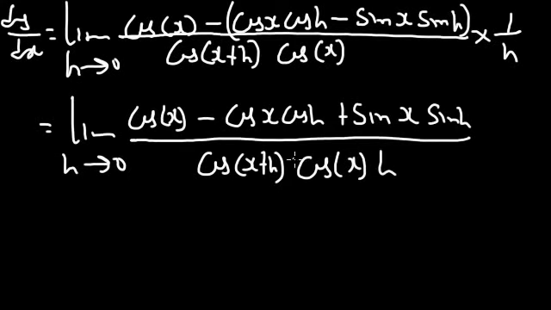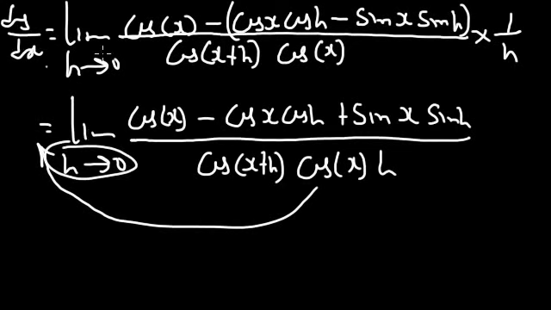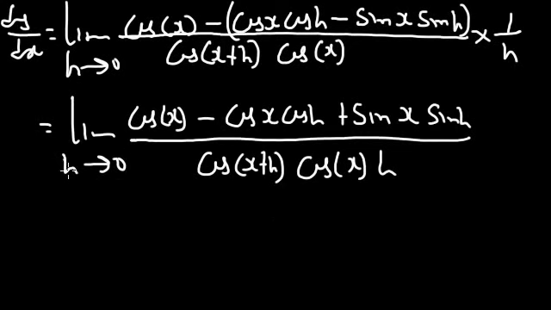Now, first and foremost, I would like to get rid of cosine x out of this problem, because it really has no business with the entire expression within the limit. So I'm taking it out of the limit, because the limit is with respect to h, but cosine x has no business with h.